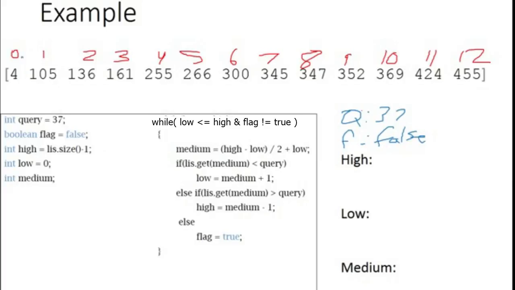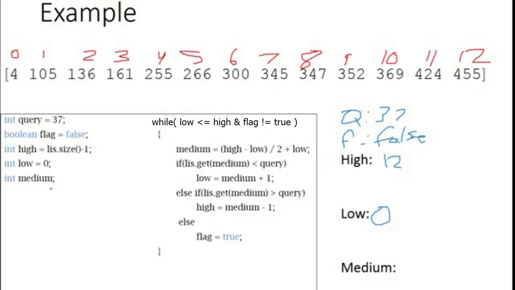Well, the list itself is 13 elements in size. Now we can count them: 1, 2, 3, 4, ... 13. Now, size minus 1, hopefully you can figure out, would be 13 minus 1, which is equal to 12. Low is just set equal to 0, and medium isn't set equal to anything right now.